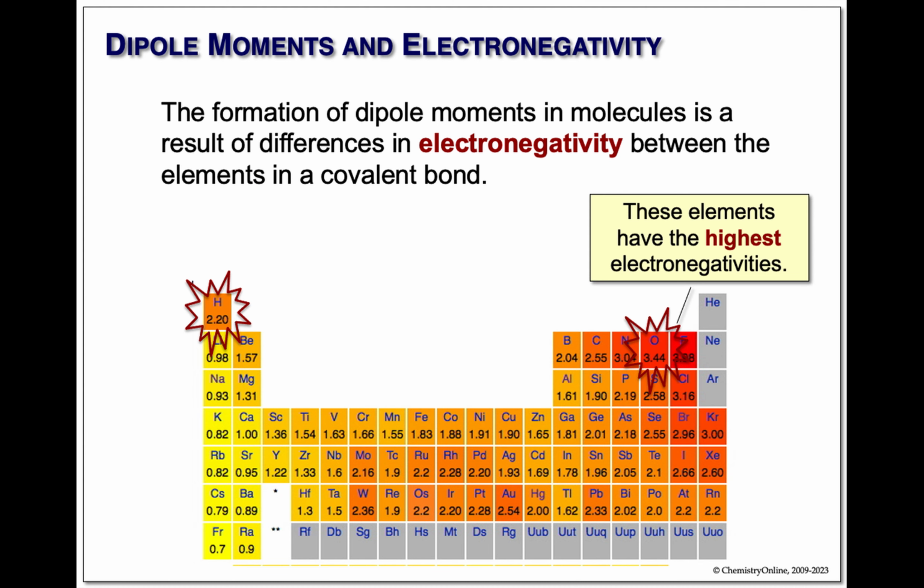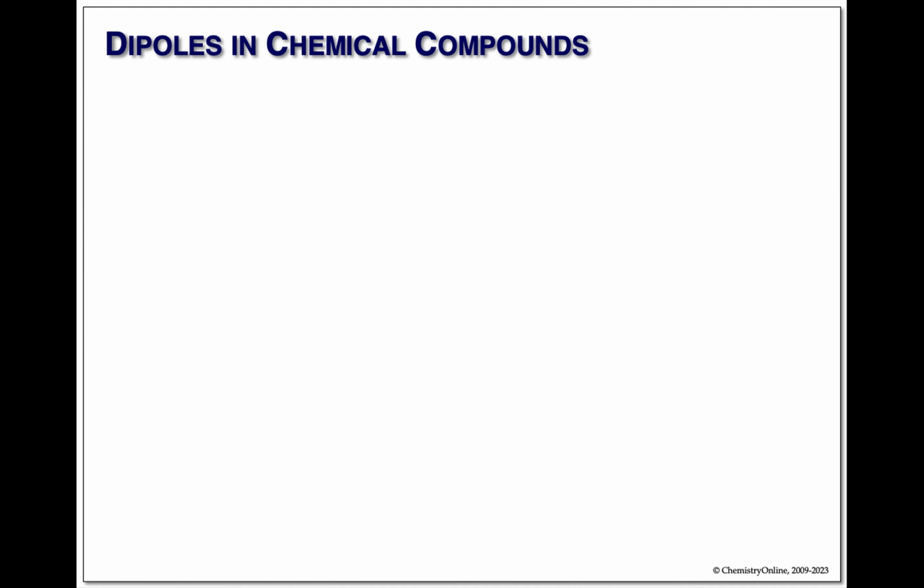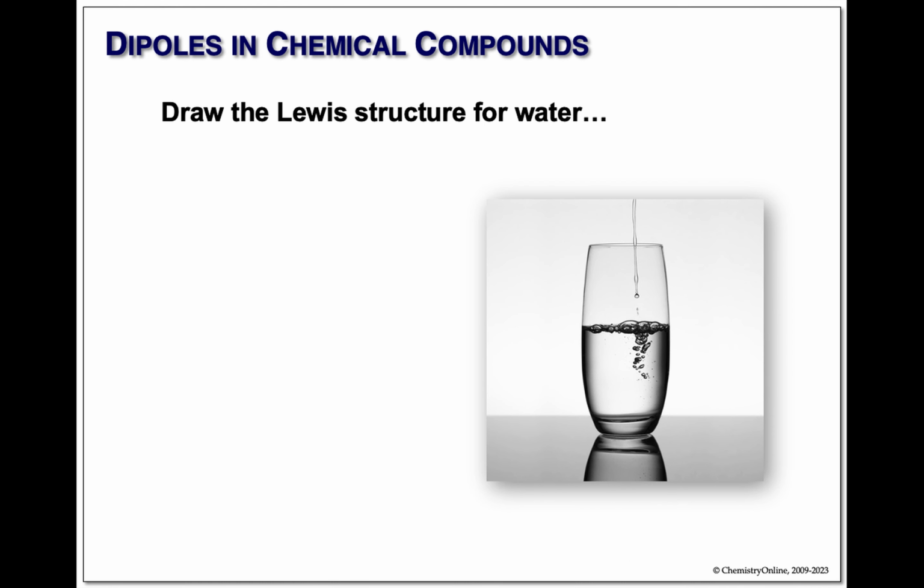So let's explore that. Let's start off with the Lewis structure for water. Oxygen is here in group 6, so it will have 6 valence electrons. Hydrogen, of course, is group 1. It has 1 electron for each hydrogen. We convert these to dashes, and that's water.